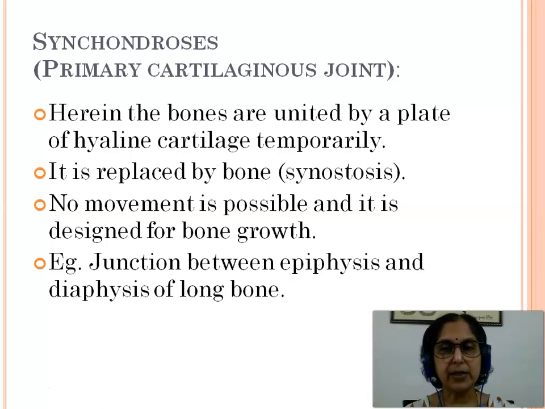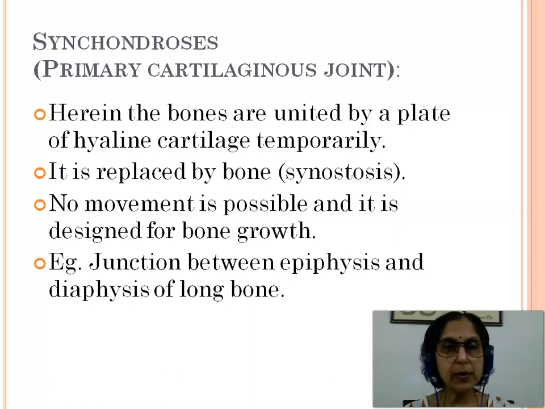This epiphysis is seen as an epiphyseal cartilage which is made up of hyaline cartilage, and so long as the bone grows in length, the cartilage grows and is gradually converted to bone. So this hyaline cartilage which is seen between the diaphysis and metaphysis is what forms the primary cartilaginous joint.